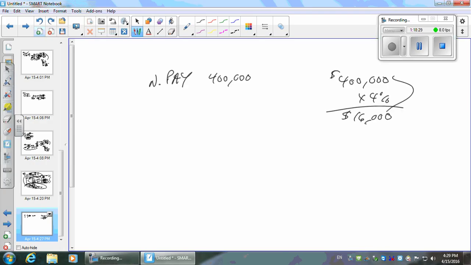They're going to give me the difference, aren't they? 384,000. Staying with me? Cash, 384,000. What's the 16,000? Interest expense. They called it finance charge, which is an expense too. Okay? I like interest expense too.